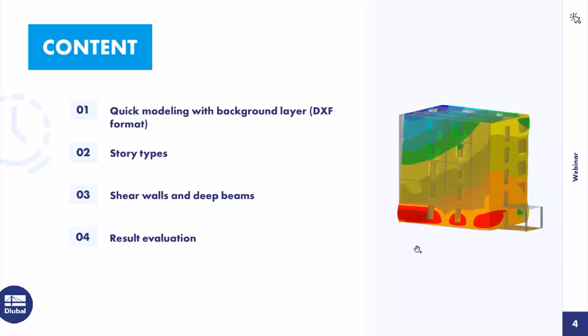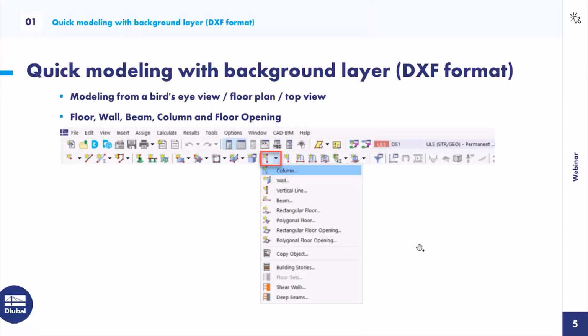Okay, then to our first chapter, the quick modeling here with a background layer for an easier way. I will import a DXF file, and it's a modeling option from bird's eye view, floor plan, top view, however you want to call it.